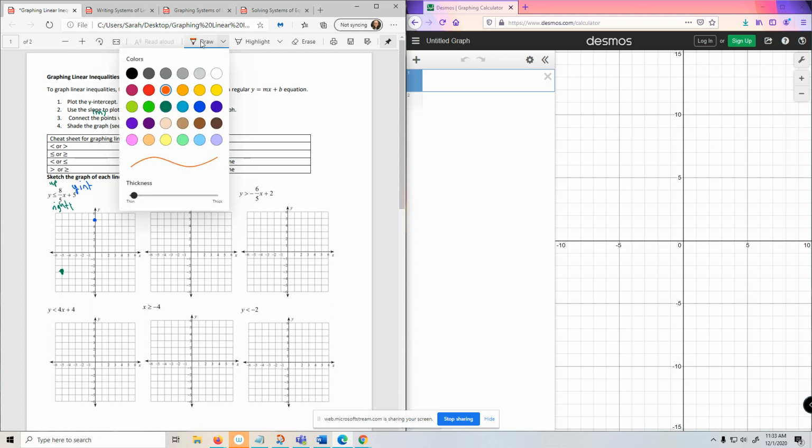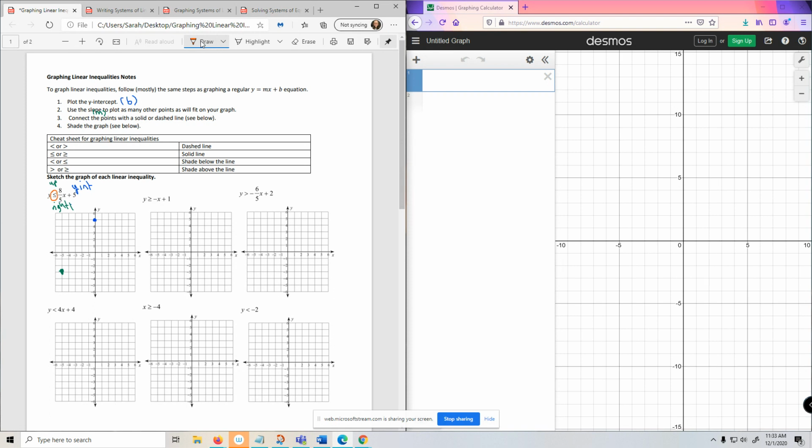Here's where things get a little bit different. Since it is a less than or equal to, any line that has an equal to with it is going to be a solid regular line. So I'm going to connect those with a solid line, as I usually do. And then we have to look at our shading. Since it is a less than or equal to, I'm going to shade below the line.